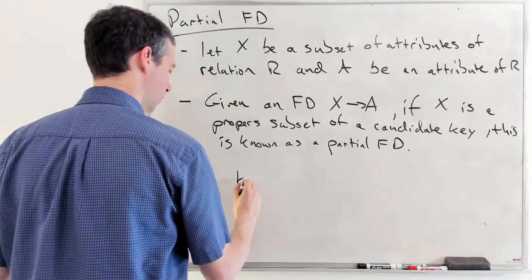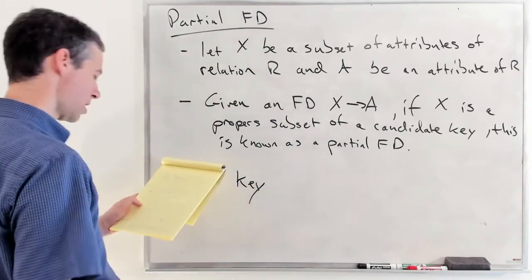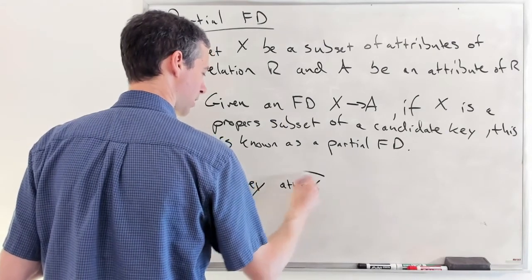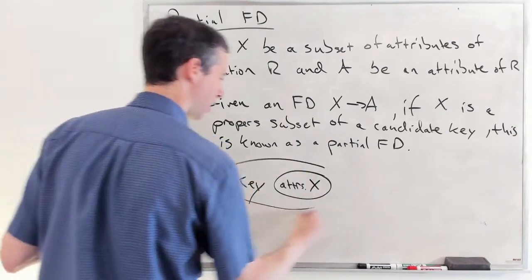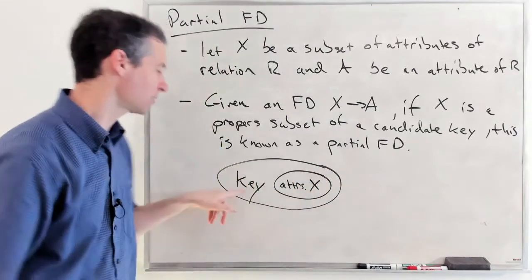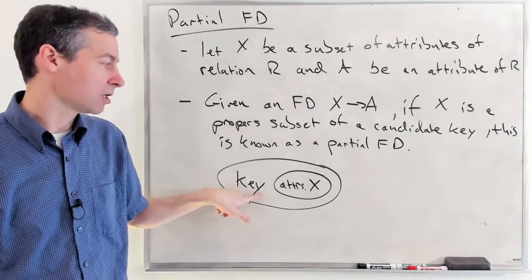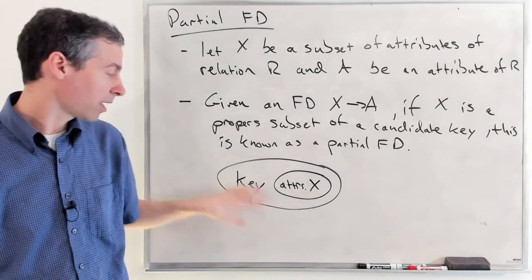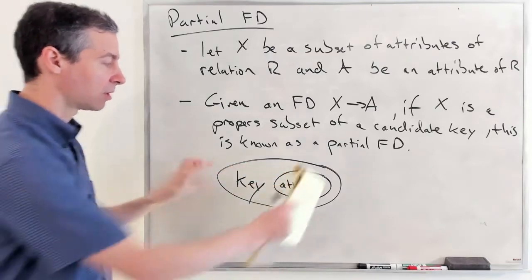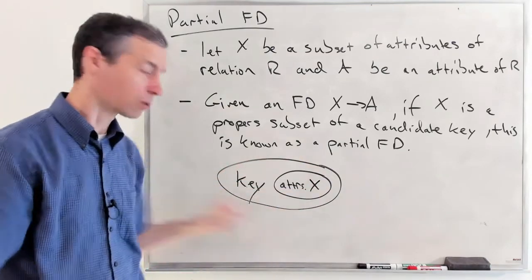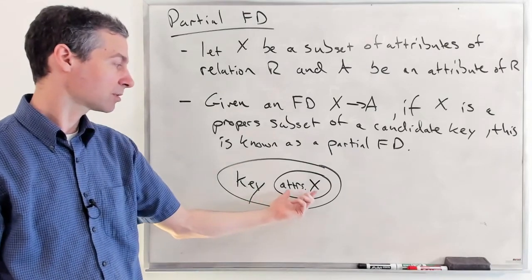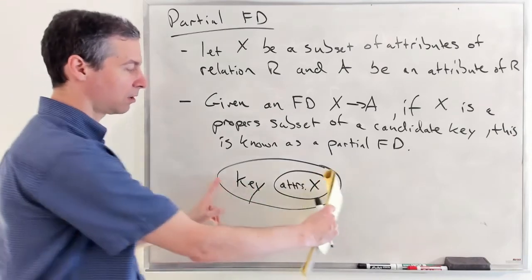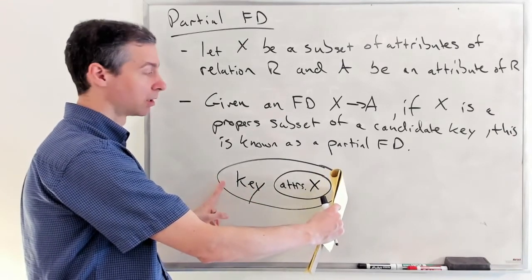So in pictorial form, we have some candidate key. We have some attributes, which are X. They are a proper subset of the key. So we've got some columns for the key over here, and we have some more columns for X. So there are some attributes and some more attributes. All of those attributes together form the candidate key. So X is a subset. The attributes that make up X are a subset of all the attributes that make up our candidate key.